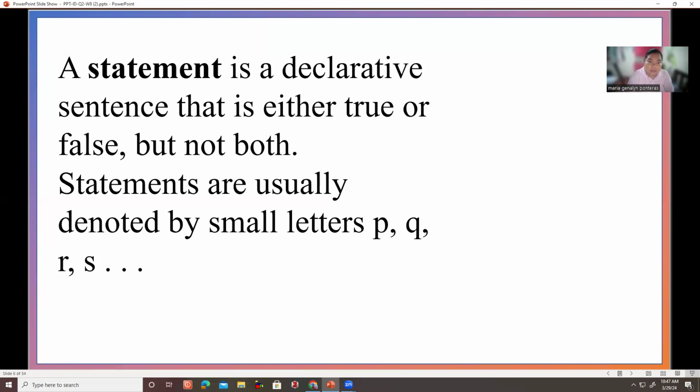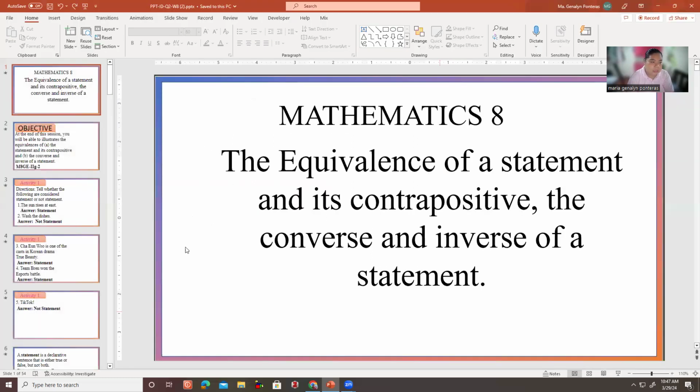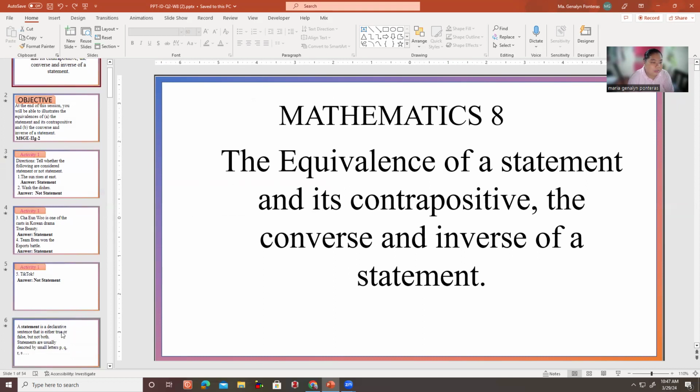Meaning to say, a statement is only a sentence that tells about facts, that is only true or only false. So number 2 is not a statement. Let's go back to statement number 4. Only number 2 is not a statement.